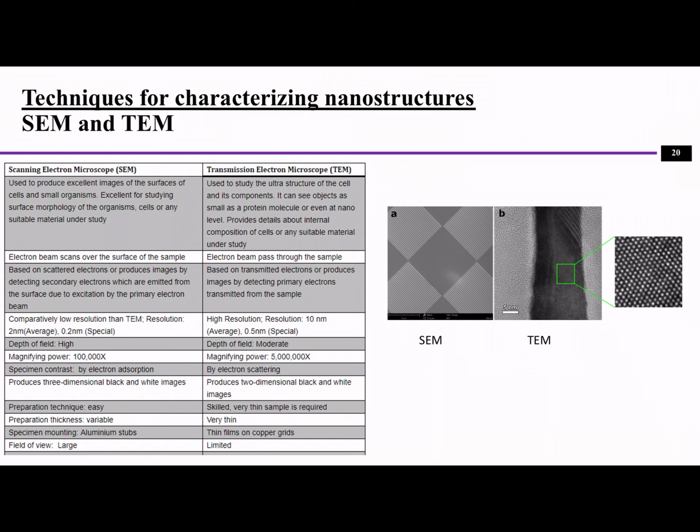So here is a comparison between SEM versus TEM. TEM actually has a higher resolution compared to SEM. You can see the resolution can be here 10 nanometers and 0.5 nanometers in some special cases.